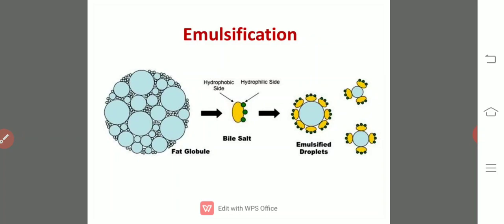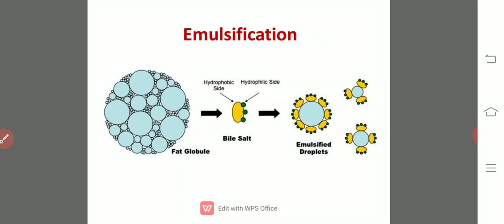That is, one side it can bind with the fat, the other side with the lipase, and lipase has active sites. These active sites are opened, exposed by the colipase. Such a phenomenon is known as interfacial activation.